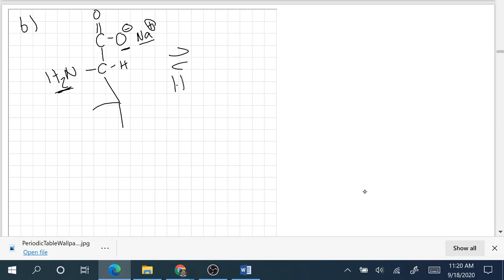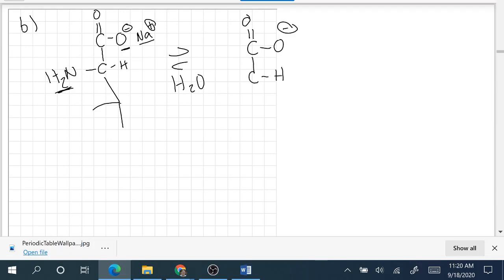Okay, and if we react that with water, then we're going to get what? We're going to get this. So we're going to increase the pH because this is already deprotonated and the amine group can pick up a hydrogen and become protonated.